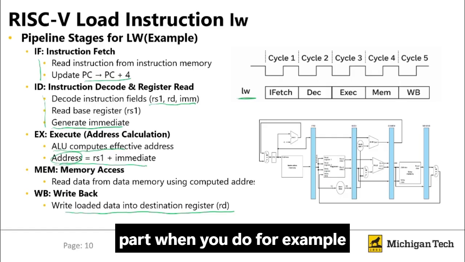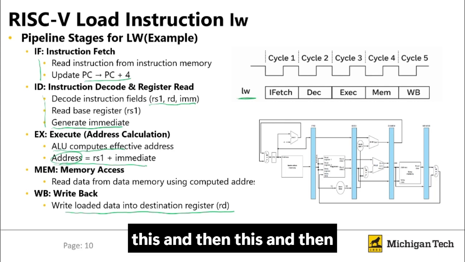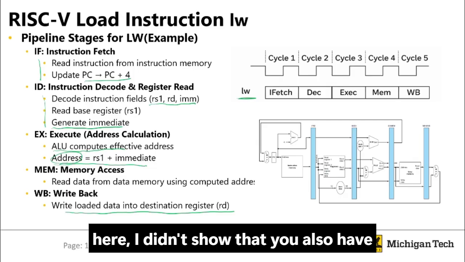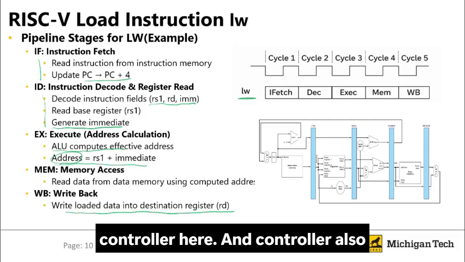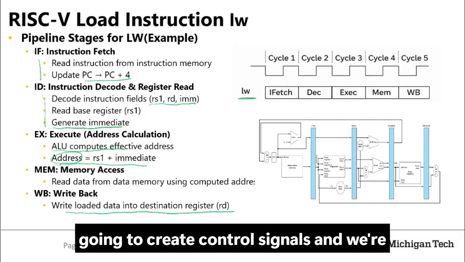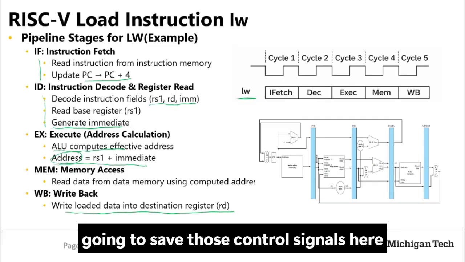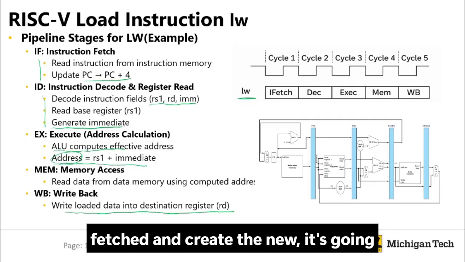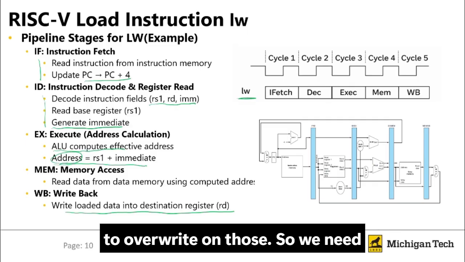When you do, for example, fetch, reading and updating the program counter in this clock, and then this, and then this, and then this, and then save the result back. For example, we also have a controller here. I didn't show that. The controller is also going to create control signals, and we're going to save those control signals here, because the next instruction that gets fetched and creates new signals is going to overwrite those. So we need to save them.